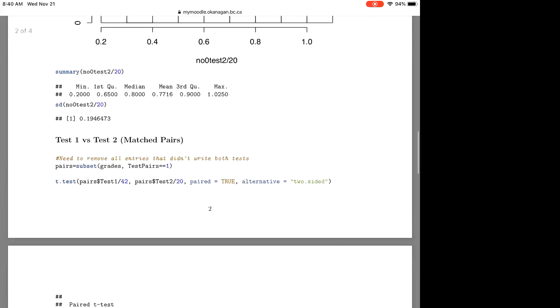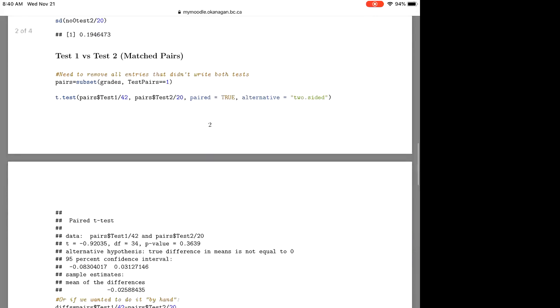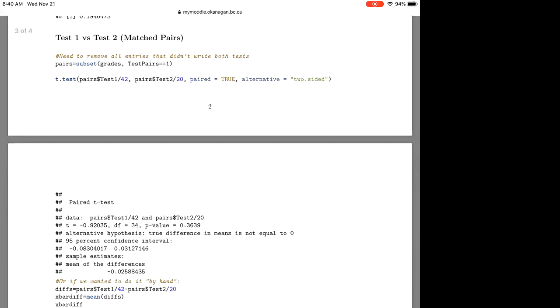So what I did is I just pulled out the pairs, and what we'll see in the lab is just how to run this t-test, where we just look at, okay, here's group 1, here's group 2. Are they paired? Yes. And I want a 2-sided test. A quick t-test like this gives us all this information.